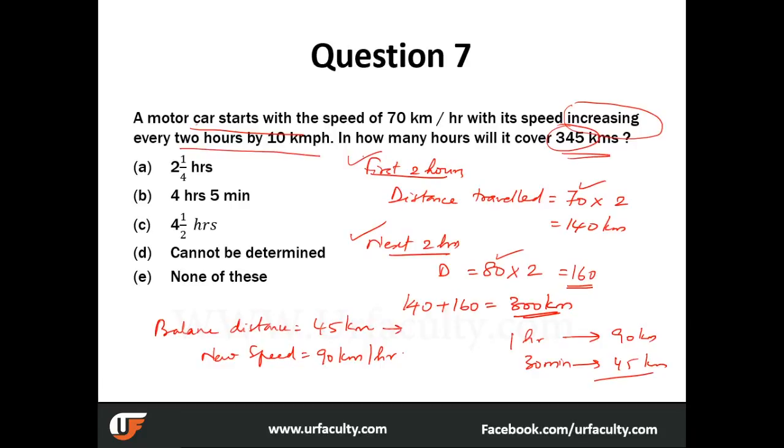So the 45 kilometer distance can be traveled in 30 minutes, right? So the answer is 4 hours, first 2 hours, then next 2 hours, and then 30 minutes, 4.5 hours. So that's the answer for you. Please note it's 4 hours plus 30 minutes to travel 45 kilometers, so it's 4 hours 30 minutes, so 4.5 hours. Hope you understood this question.